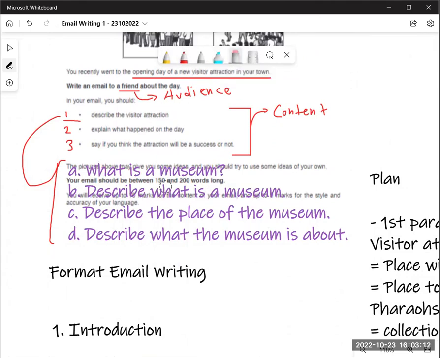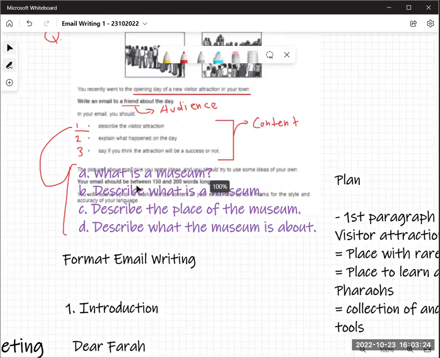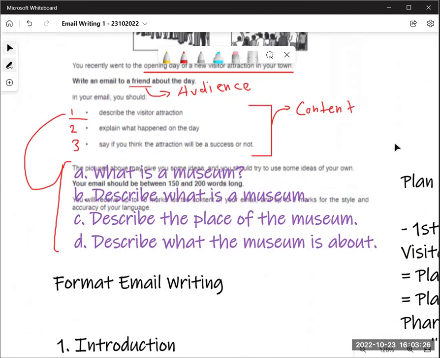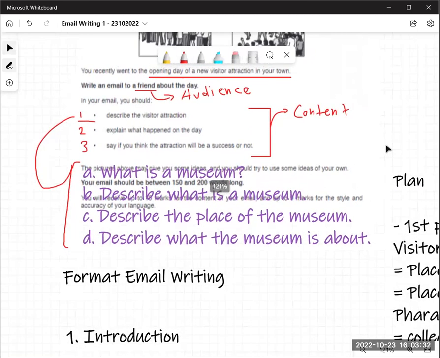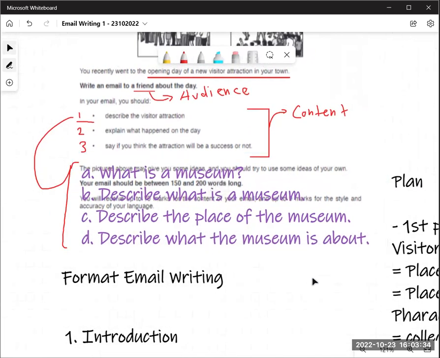Are they asking us to describe what is a museum, or describe the place of the museum, or describe what the museum is about? Which one should we describe? Describe what the museum is about. Okay, D. Everyone is choosing D, what the museum is about.